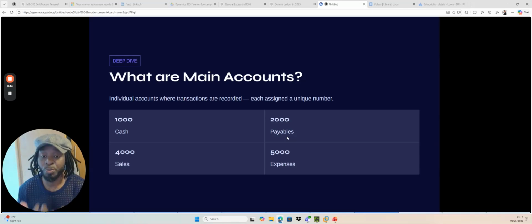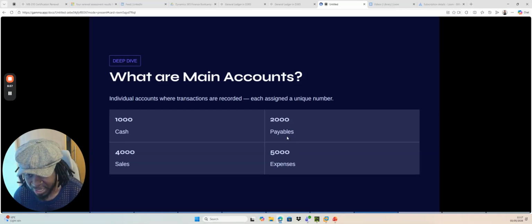You're giving numbers, which means for cash, you have cash at bank and you have cash that is coming in physically. So for cash at bank, you can decide to give a different account number to that cash. We know that all assets range between 1,000 and 1,999, so everything within this range is an asset.